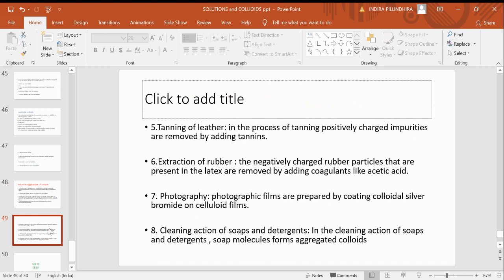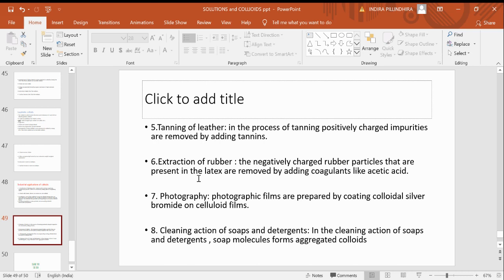Fifth one, tanning of the leather. In the process of tanning, positively charged impurities are removed by adding the tannins. Okay, and sixth one, extraction of rubber. The negatively charged rubber particles that are present in the latex are removed by adding the coagulants like acetic acid.